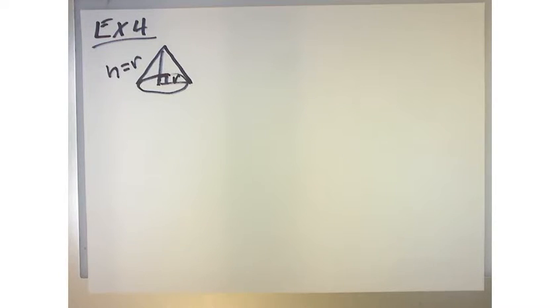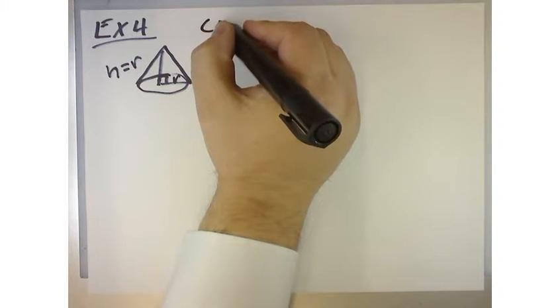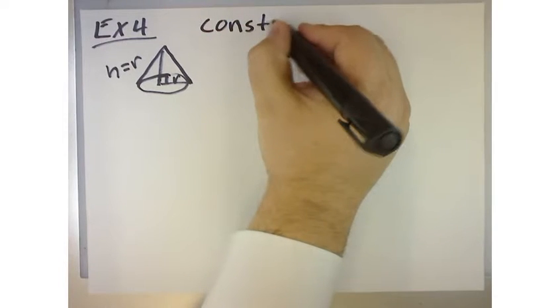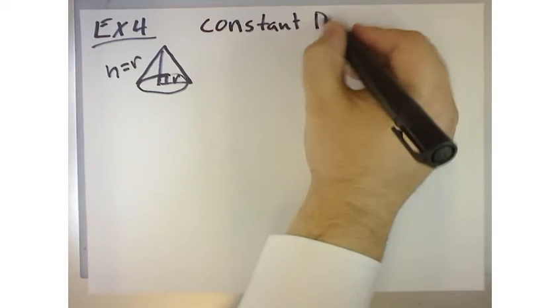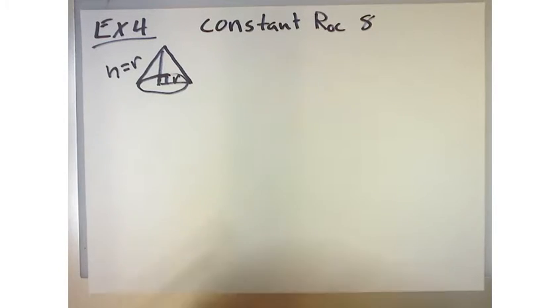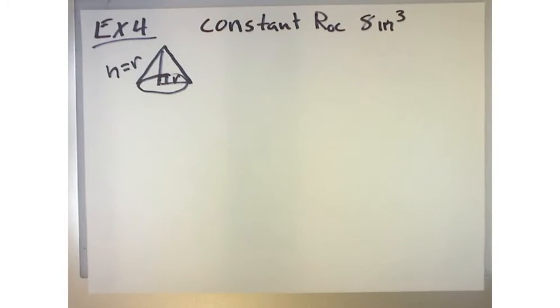If the cone is 1 foot tall now, how tall will it be in 1 hour? Okay, so its constant rate of change is 8 cubic inches per minute.